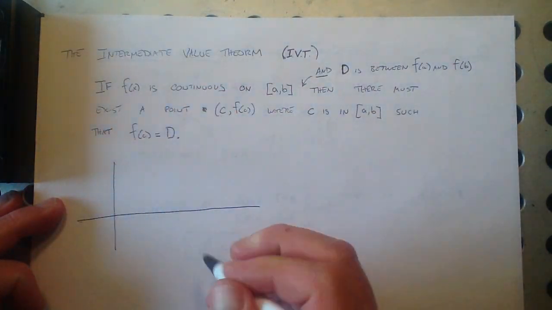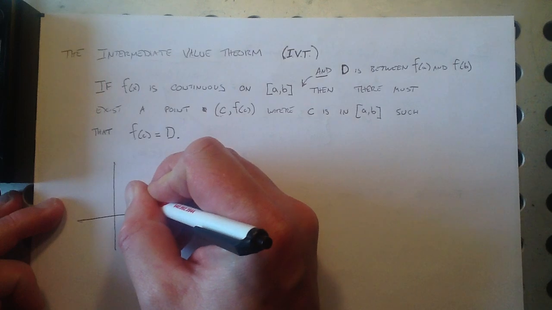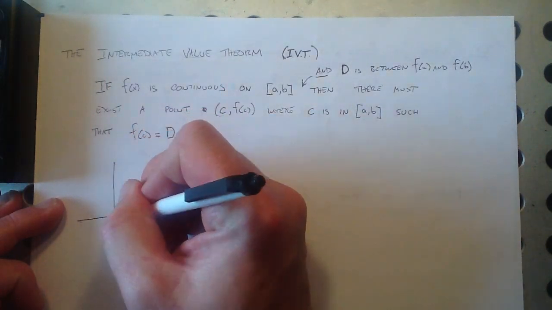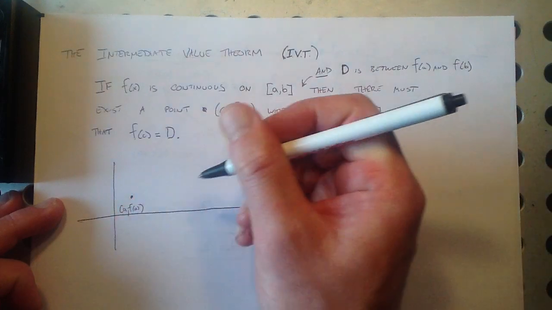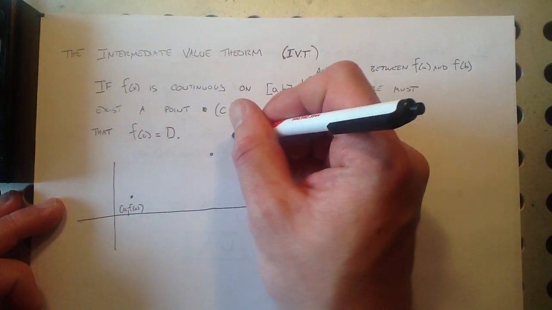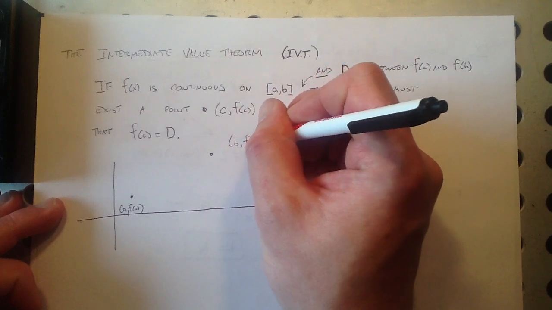We've got a continuous function, and it goes through the points. Let's say this is the point a comma f of a, and somewhere over here is the point b comma f of b.